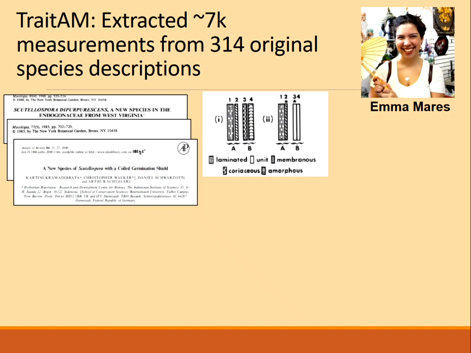So the database is made up of measurements of spores from original species descriptions. So we went into these species descriptions and pulled out measurements on spore size and shape and wall structure and ornamentation.